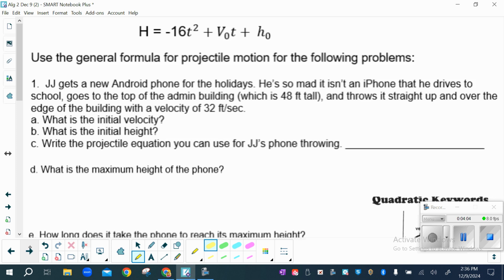so this is an equation that we use for projectiles. So we have h, which is the height, and then this -16 comes from both, we're looking at feet in this problem, and we're talking about gravity.